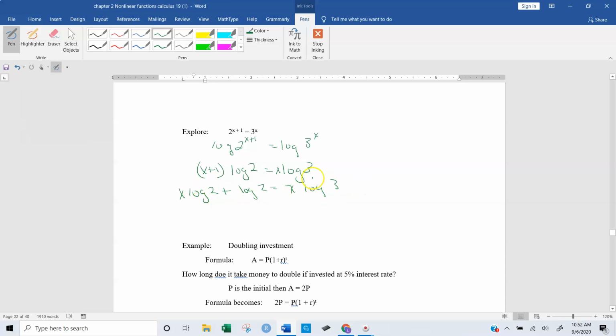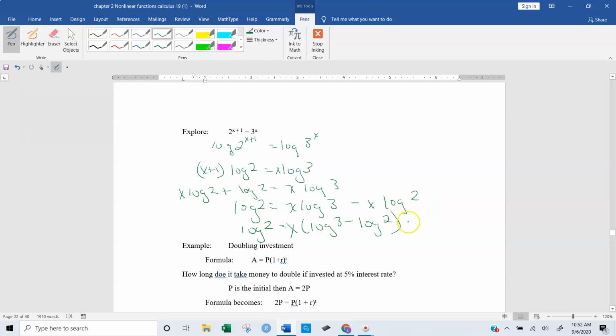Okay, let's subtract this over to get the x's to the same side. So log 2 equals x log 3 minus x log 2. Factor out your x's now. x times (log 3 minus log 2) equals your log 2.